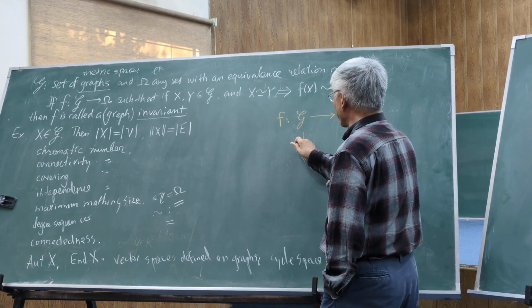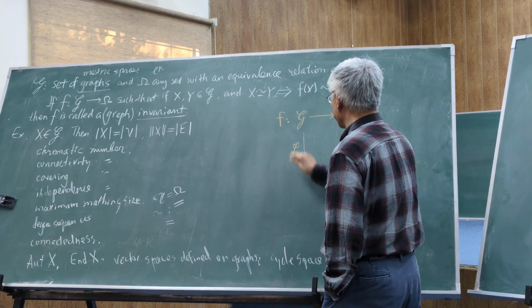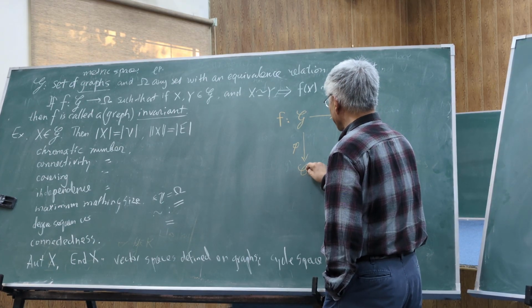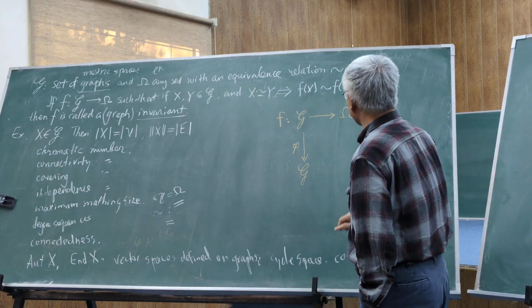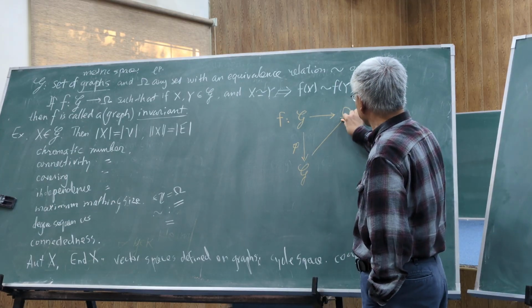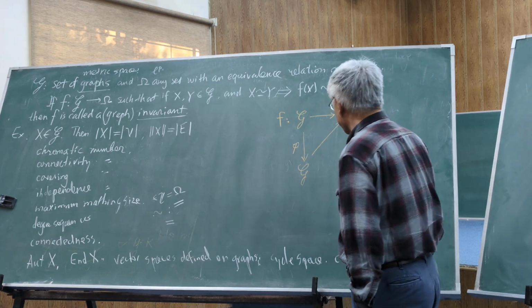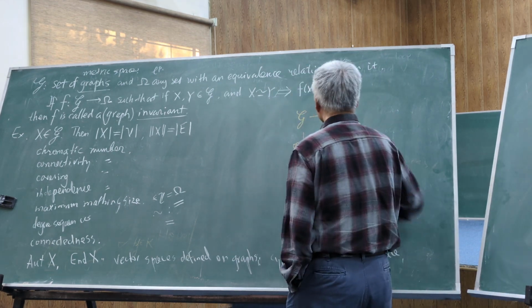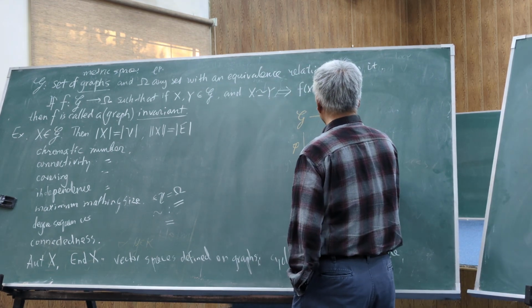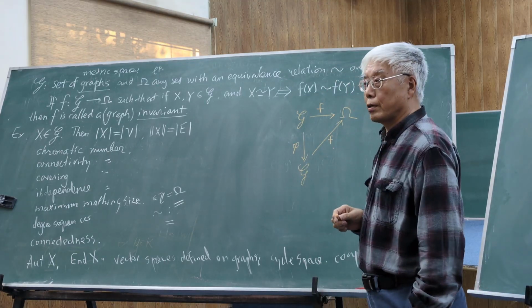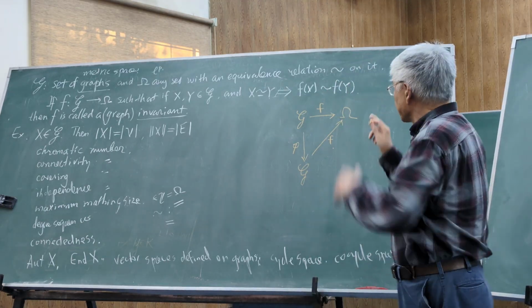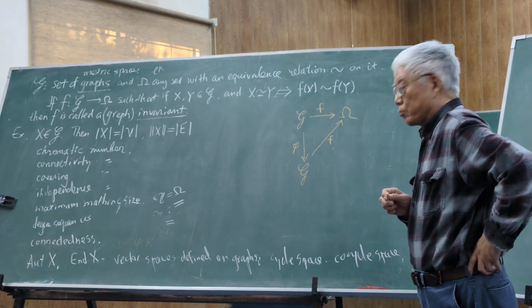And you have an isomorphism here, phi, from G to G. This diagram commutes. So F is a graph invariant if this diagram is commutative.